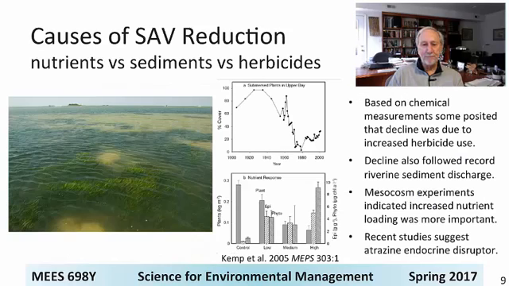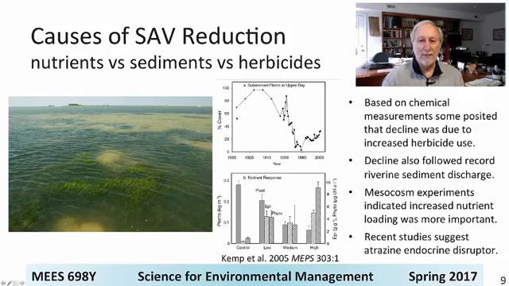So we all know that submerged aquatic vegetation has been reduced in the Chesapeake, and that's one of our objectives, why you want clearer water or less nutrients coming into the bay. But the cause of this was actually quite controversial initially.